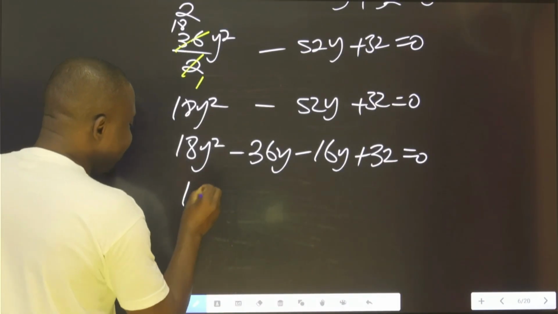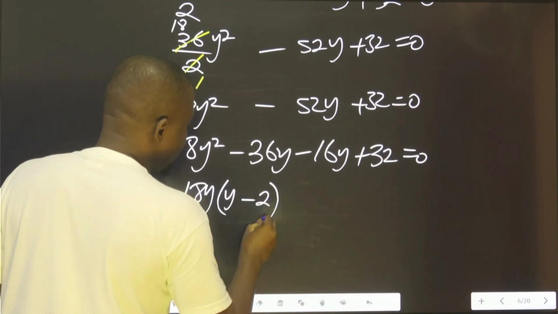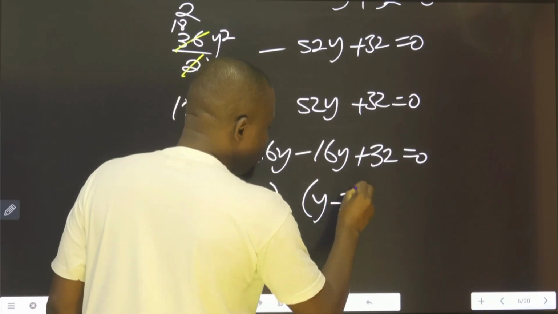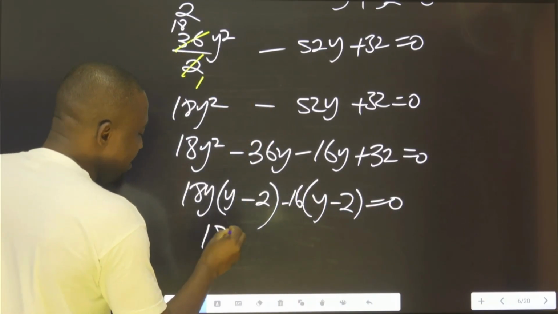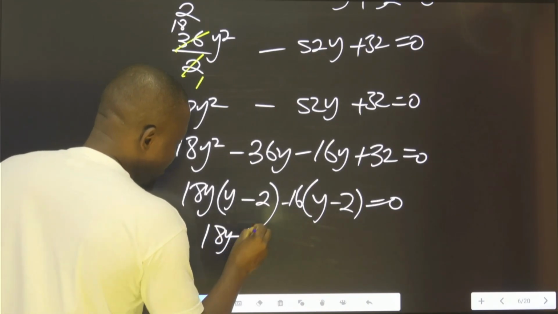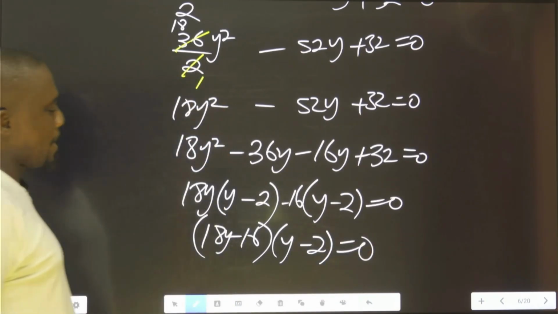So we bring out a 2y, y minus 2 equal to 0 minus 16. That is 18y minus 16, y minus 2 equal to 0.